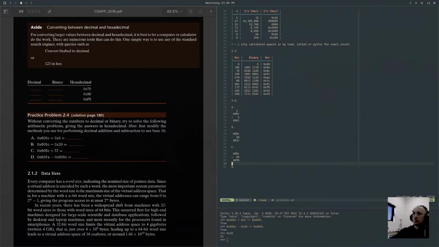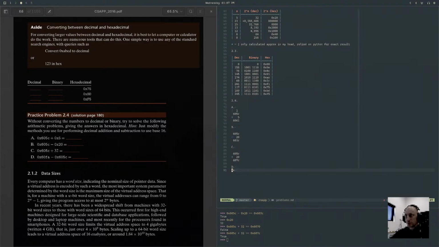Okay, and we'll just validate from the book. 0x 605C plus 32 is equal to 0x 6070, for adding 32, which is 2, 0. Oh, sorry, I meant to put a C here. 0x 607C. There we go.